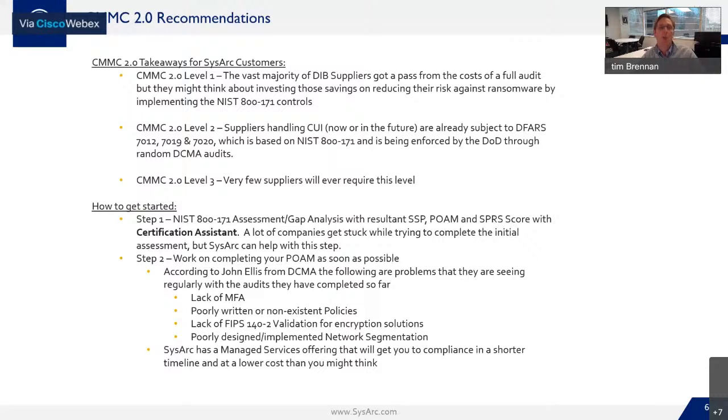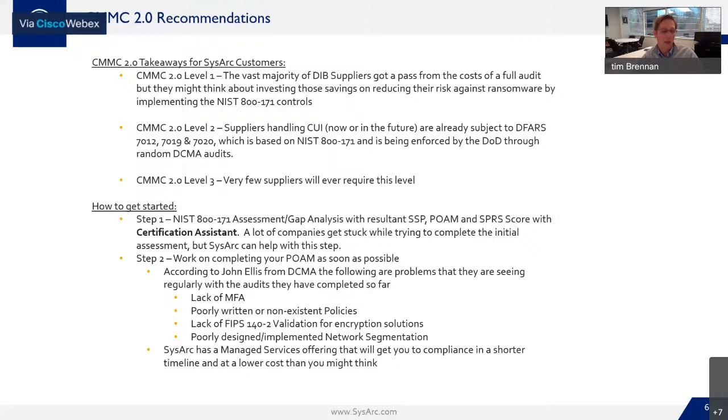But for those folks who are looking at CMMC 2.0, on Level 1, they basically gave a pass to the majority of the DIB suppliers. They wouldn't have to spend the money to get audited.